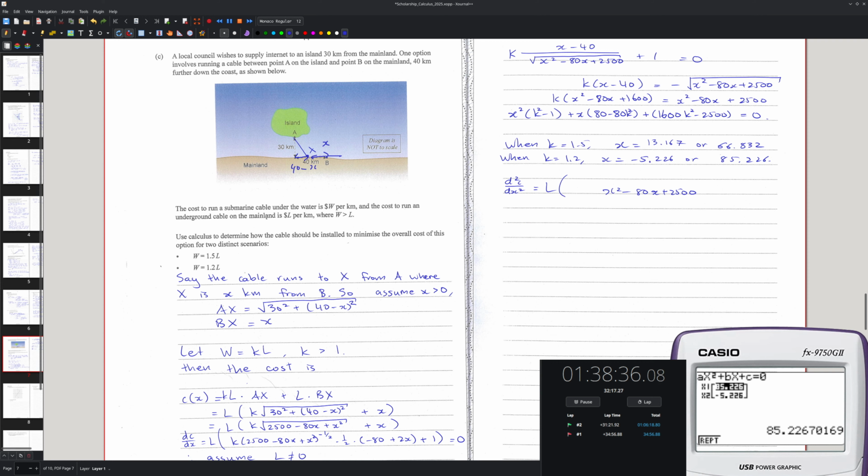So what's quotient rule? That's root x squared minus 80x plus 2500 minus x minus 40 times x minus 40 squared over root x squared minus 80x plus 2500.